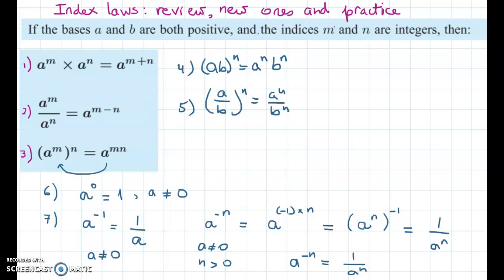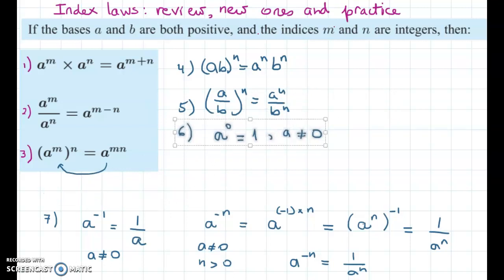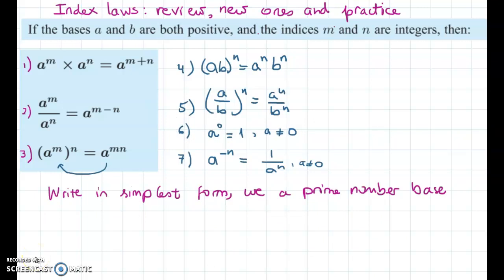And let me move the properties to the top so we can have a bit of space to practice. We want to write in simplest form with a prime number base the following expressions. Let's say we have 25 to the power of 3. If I'm saying a prime number base, that means that the number 25, I want to write on its prime factorization, which in this case is just 5 squared, which is very simple.